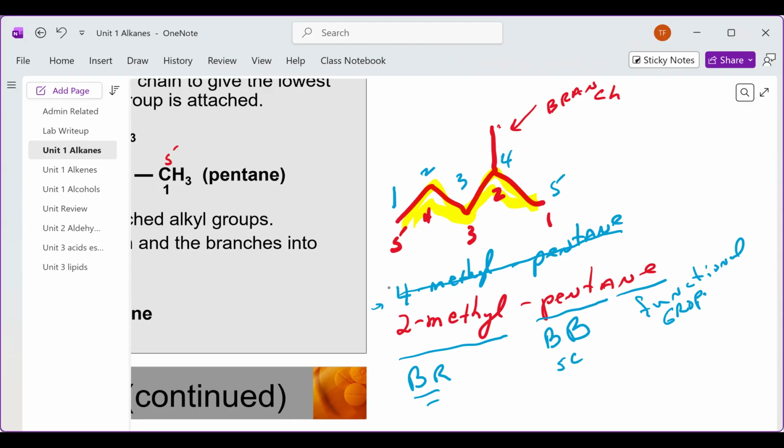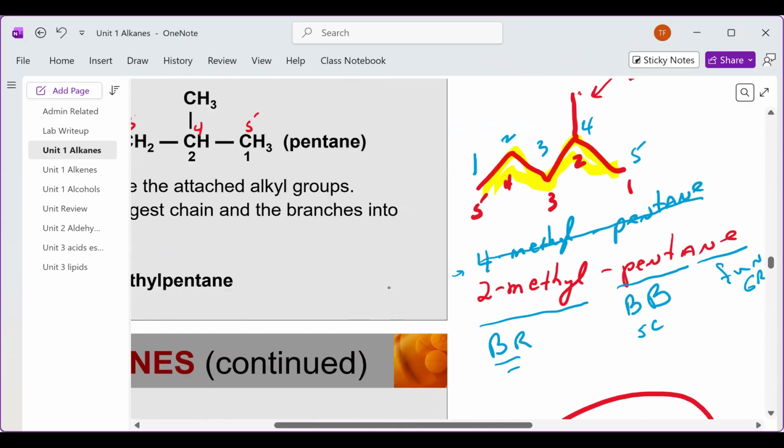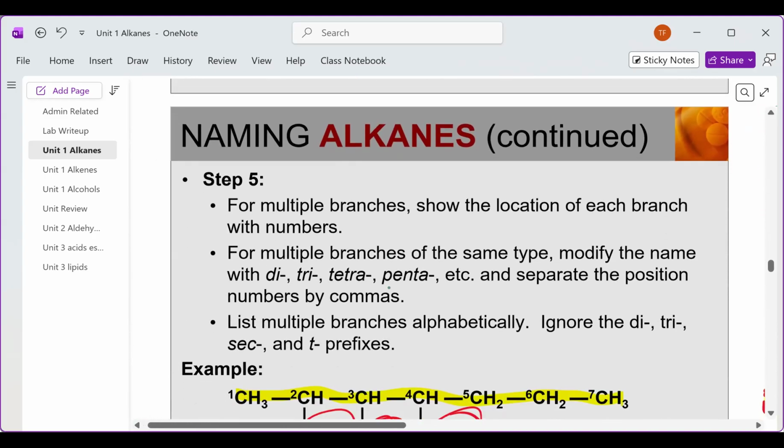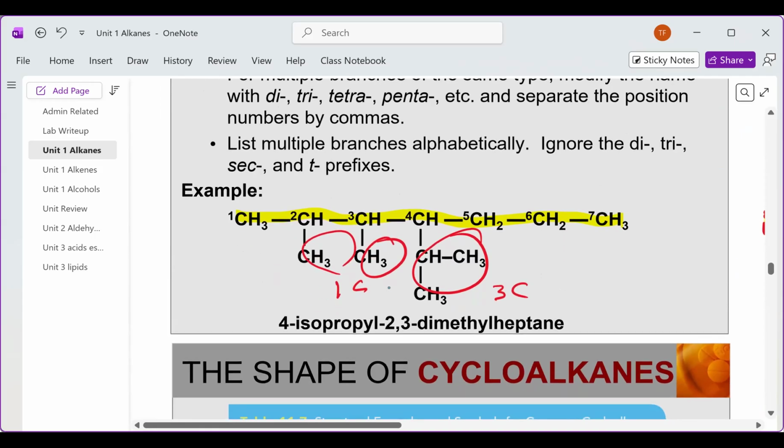So you have to number both ways and see which one gives you the lower branch number. Okay, let's look at this guy here. Does this make sense?